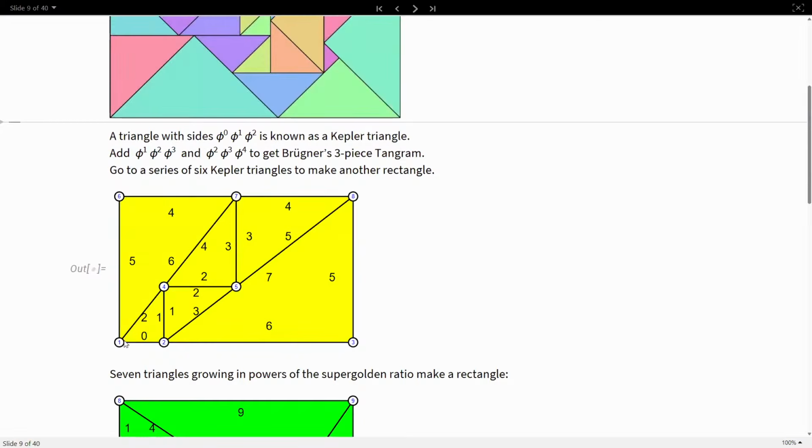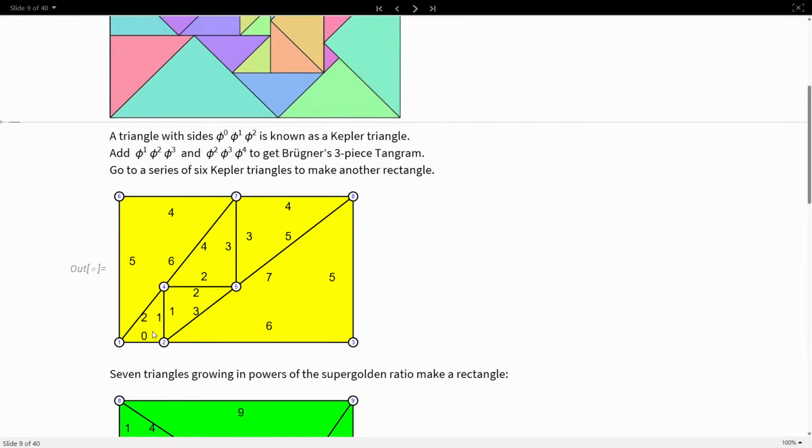The Kepler triangle is down here at the bottom. The golden ratio to the power 0, the square root of the golden ratio to the power 1, and the square root of the golden ratio to the power 2. This makes a nice triangle as discovered by Kepler.